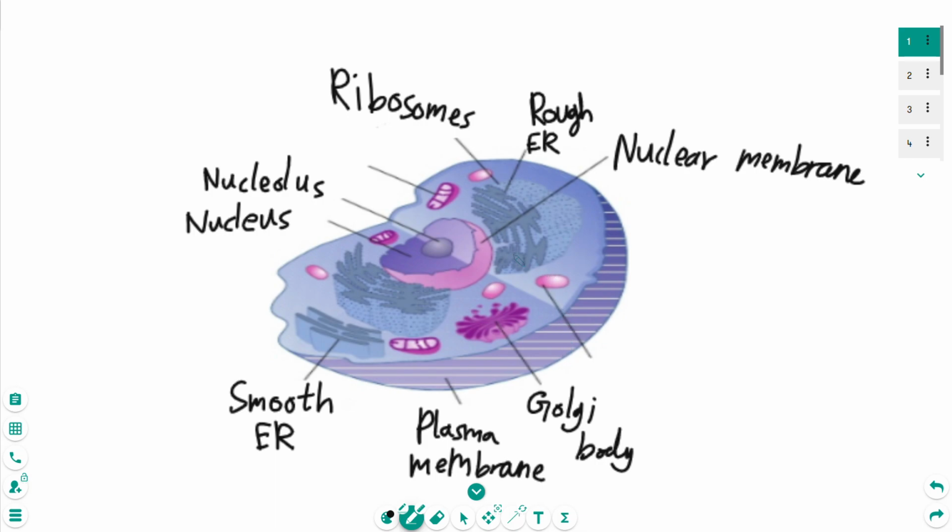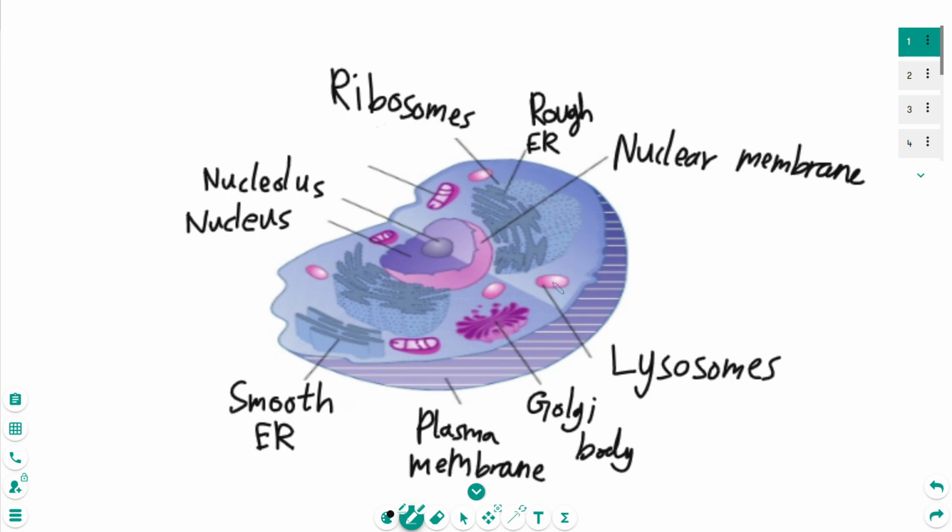We also have other organelles around here. So these pink blobs you can see, these are called lysosomes. Quite a few cells have them.